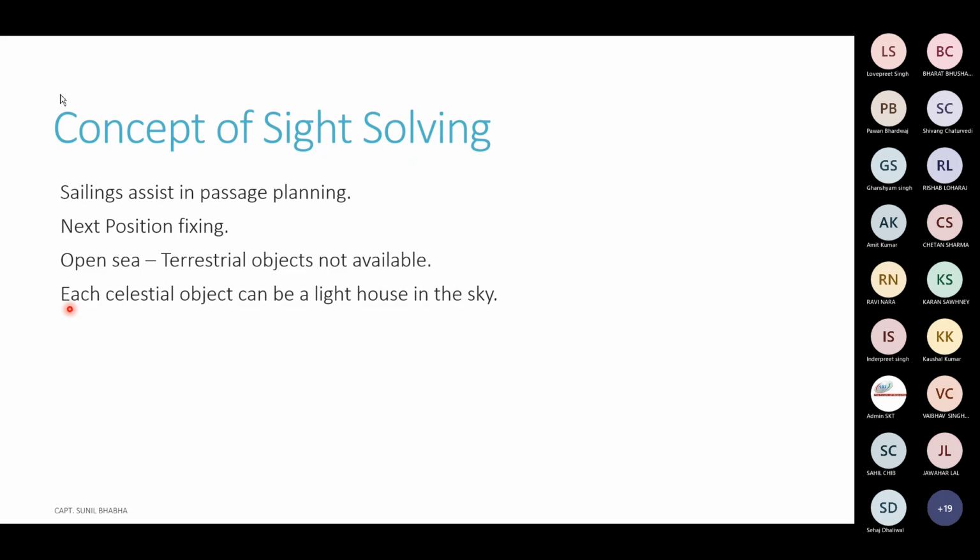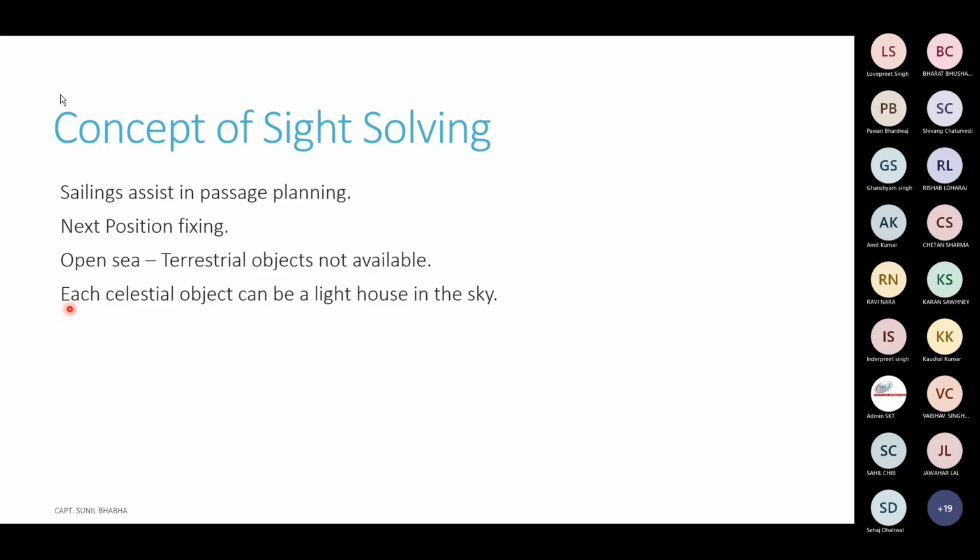Now we have many celestial objects. By celestial objects, we mean the objects which we see in the sky. Basically, they can be divided into four categories. We have the sun, we have the moon, we have the planets. There are four planets which are used for celestial navigation: Venus, Mars, Jupiter, and Saturn.